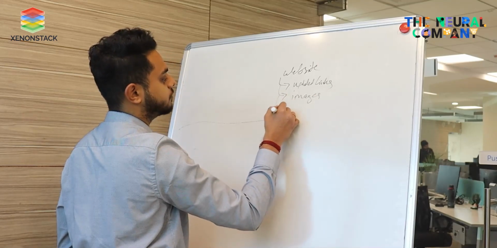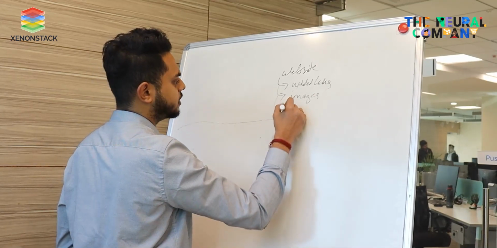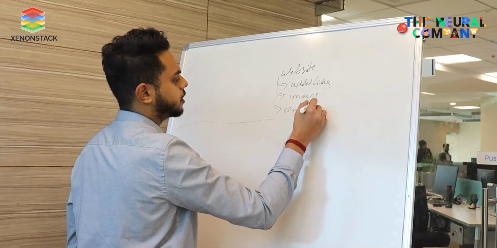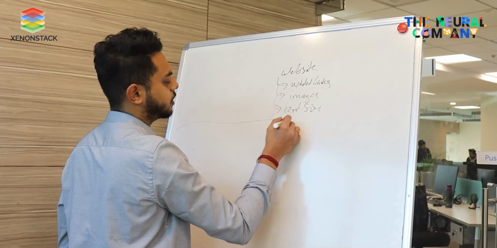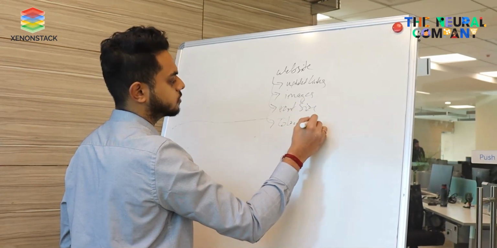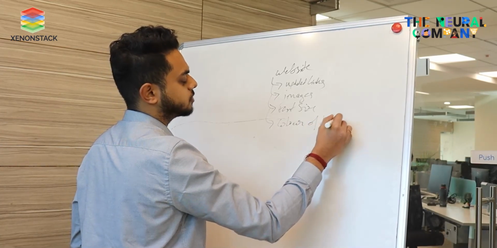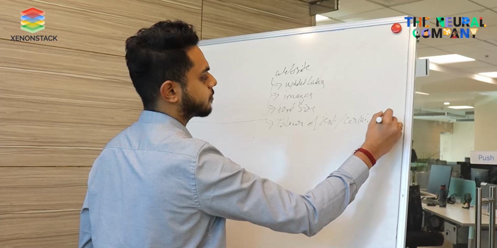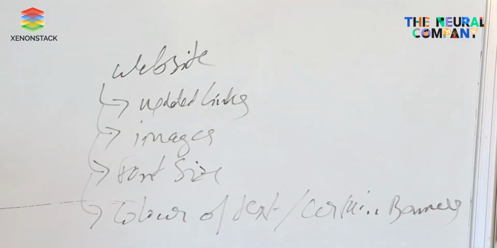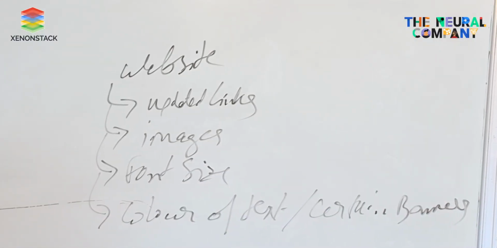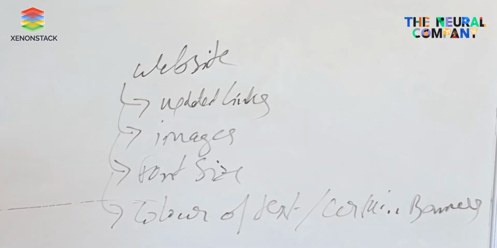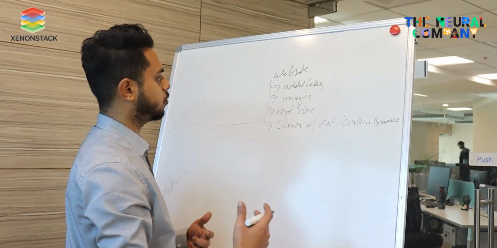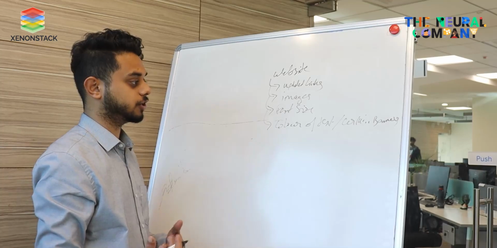Then we have the font size, then the color of the text, or certain banners. These things are required for every web page, so a web page constantly changes over time.